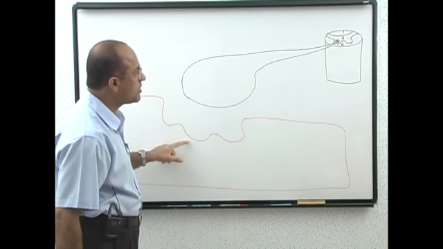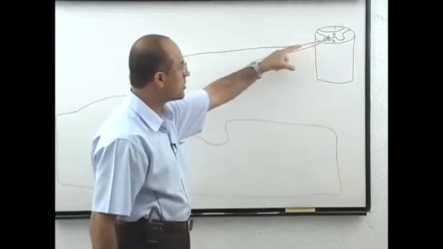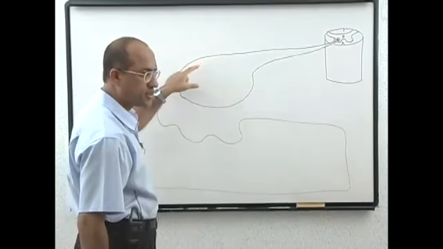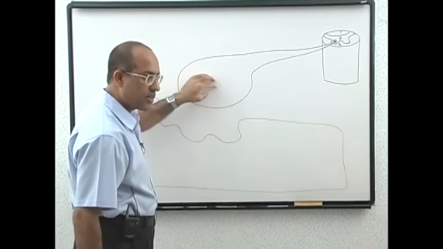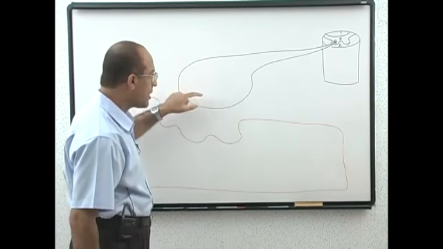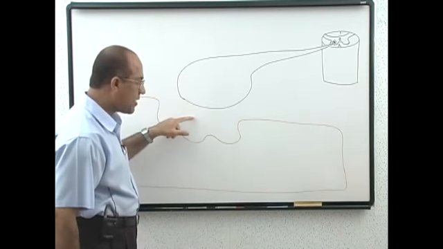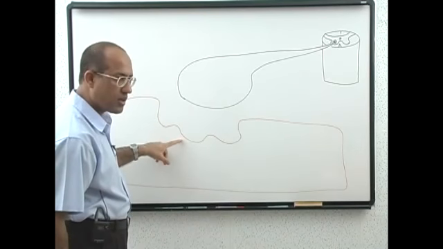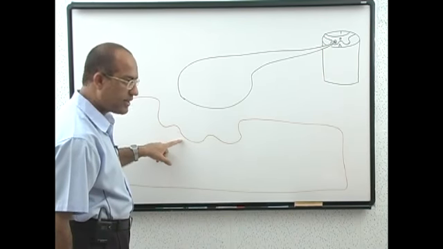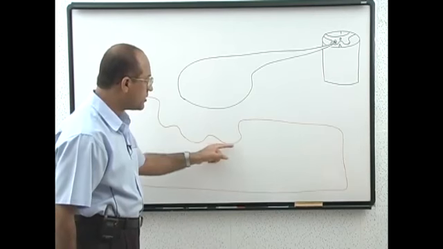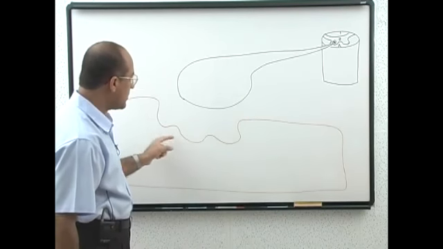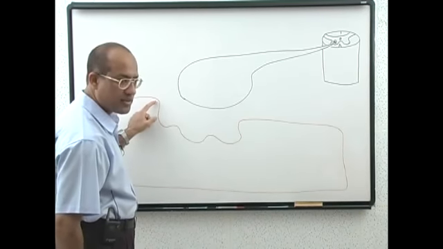Actually, the action potentials coming on the motor neuron surface at the nerve ending lead to the release of a chemical neurotransmitter, and that chemical neurotransmitter will bind with receptors on the muscle membrane. This part of the muscle cell membrane is called the motor end plate.